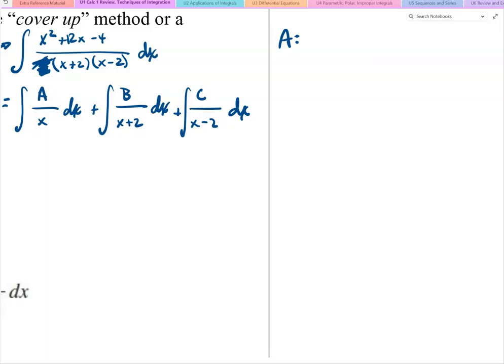Well, that number is 0, so for a we need 0 squared plus 12 times 0 minus 4 over the remaining expressions, 0 plus 2 times 0 minus 2. Well, this numerator turns into negative 4, the denominator turns into negative 4, and we end up with 1. So this a value would have to be 1.